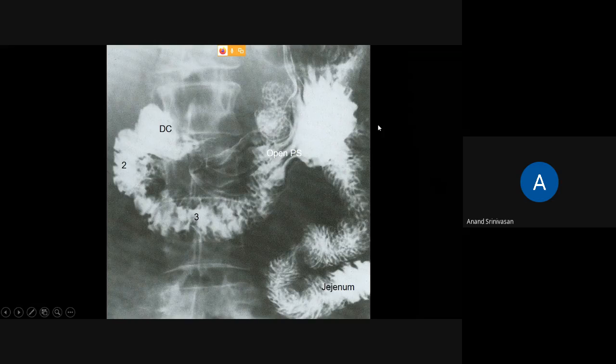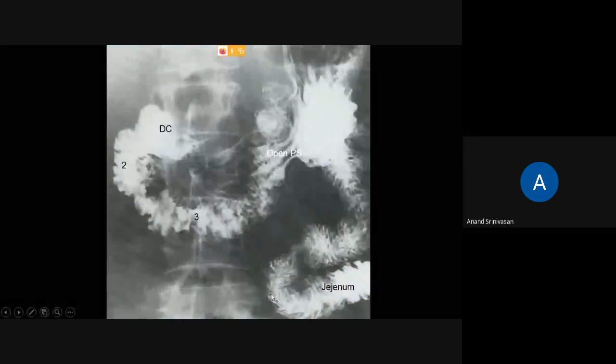Now this is taken at a 10 or 15 minute interval. So what happens now? The barium has moved from the stomach. This is the duodenal cap, second and third part of the duodenum, and here you can see the jejunum, the feathery appearance.